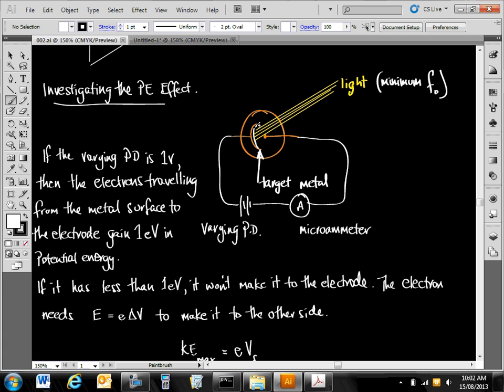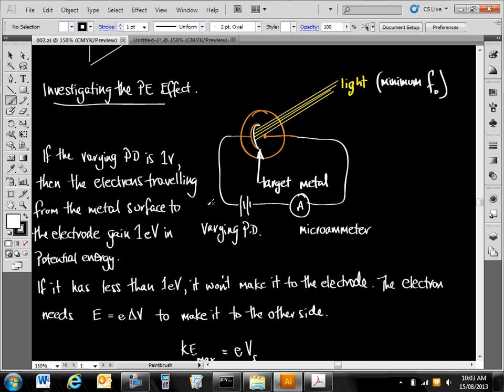But your book says that it's a semicircle and the focus is this electrode here. Those electrons will mostly go towards this electrode. When they strike the electrode, they allow a current to pass through this circuit, and so we can read that current. It's a very small current, so we use a microammeter.